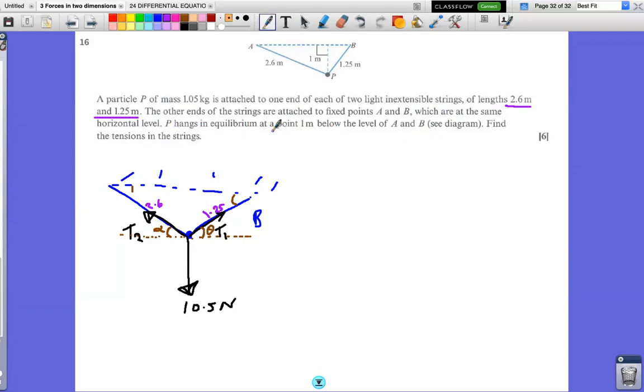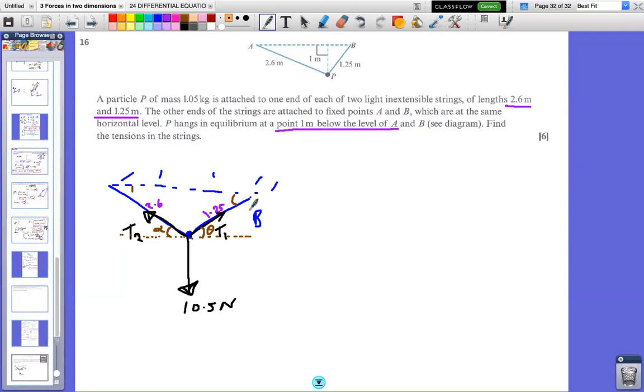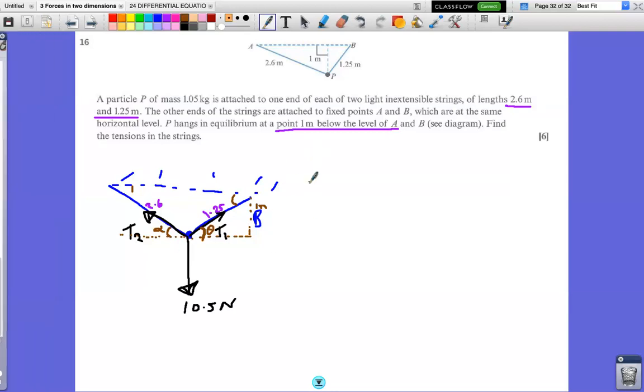So we are told that P hangs 1 meter below the level of A and B. So this length here is 1 meter. If this is 1.25 and this is 1 meter, then we can find this angle, right? So we have sine theta is 1 over 1.25.